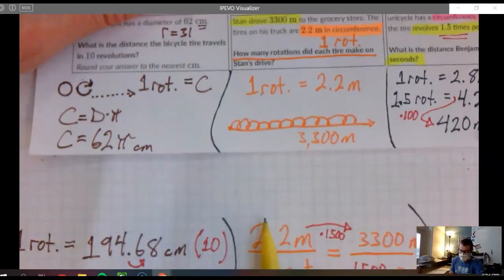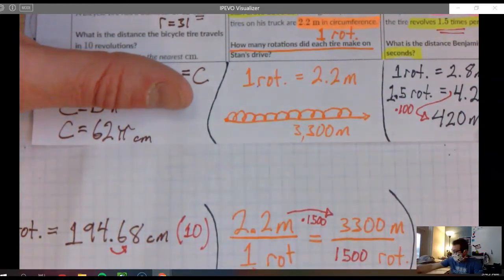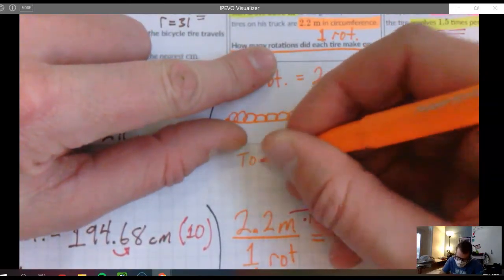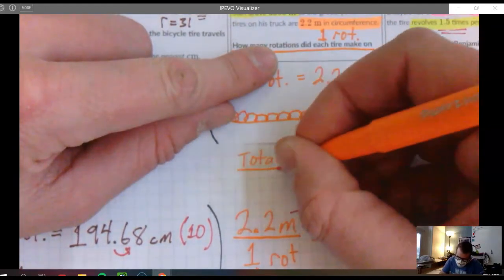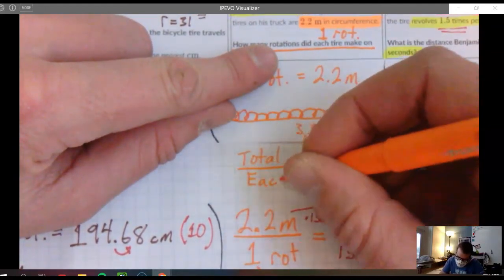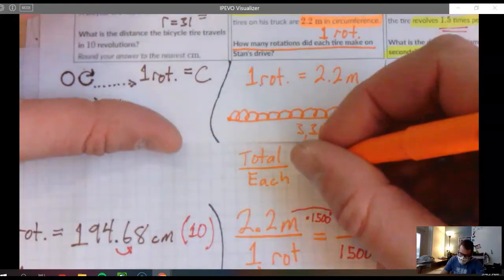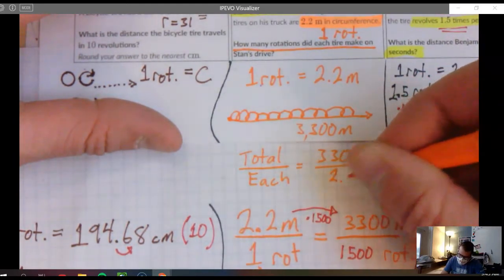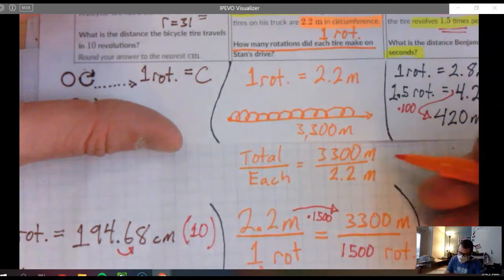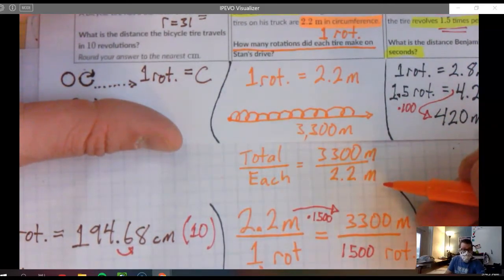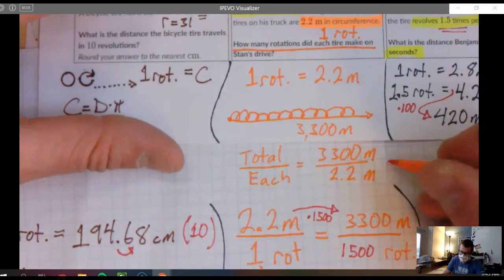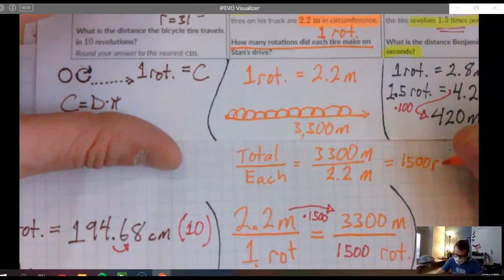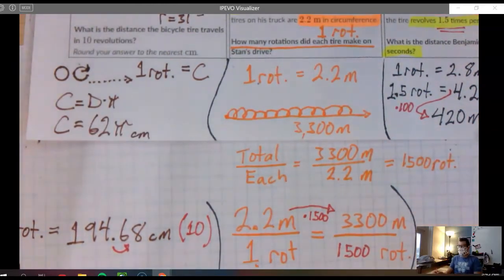So there are two different ways to do this. We can do the work that I have written down here, or, guys, you could just take the total distance that he traveled and divide it by each wheel rotation, right? Because if he traveled a total of 3,300 and each wheel rotation is 2.2, and both of these numbers were measured in meters, the meters actually cancel out and our answer is number of rotations, which is 1,500.